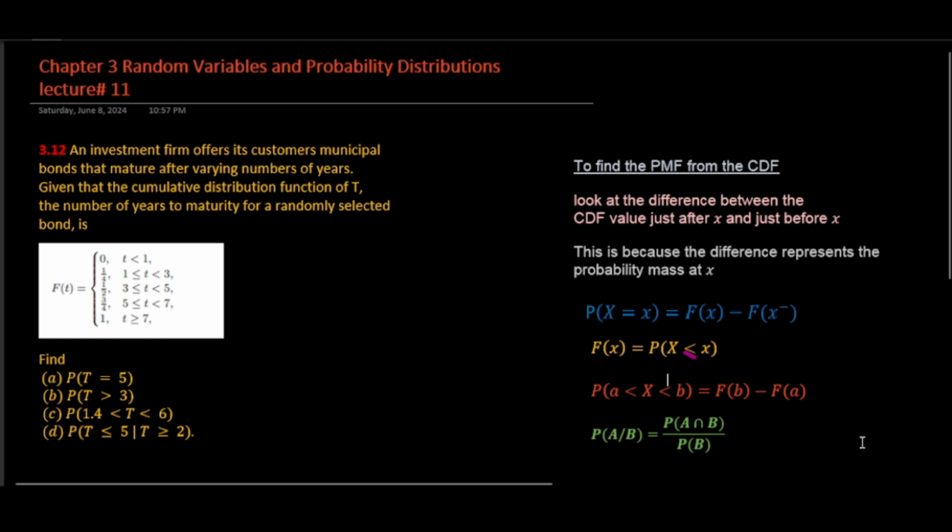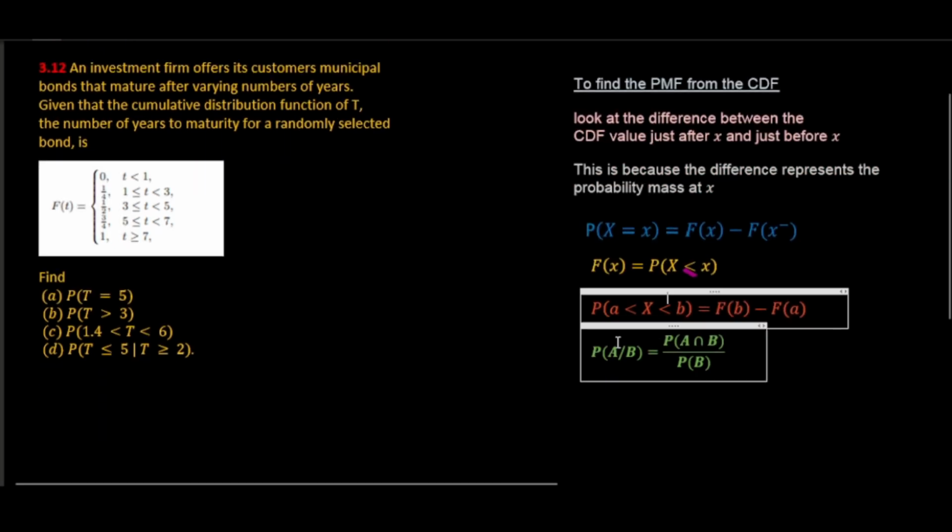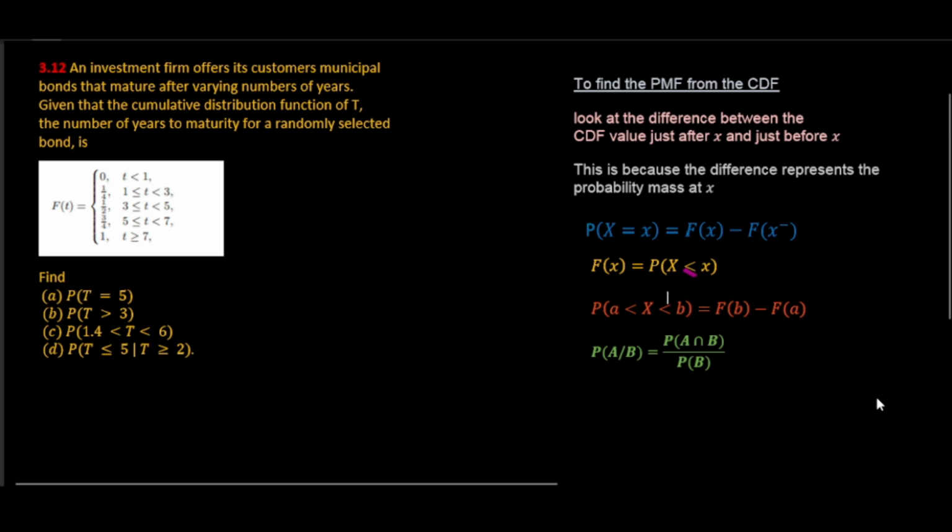The third formula: whenever the random variable lies between two constant values, we can write F of b minus F of a. And the last formula is for conditional probability. You can write the probability of A given B, where the event B has already occurred, which is equal to the probability of A intersection B divided by the probability of B. We will use all these formulas here.